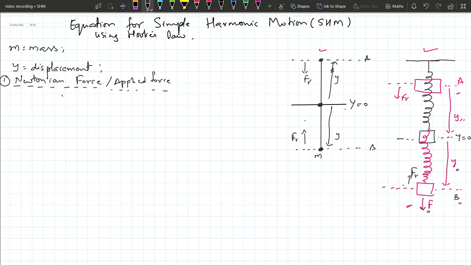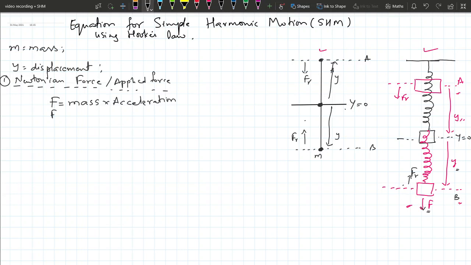This applied force F is given by mass into acceleration of the particle. Once the mass is set into oscillation, the mass has a certain acceleration. Therefore F is equal to mass into acceleration.